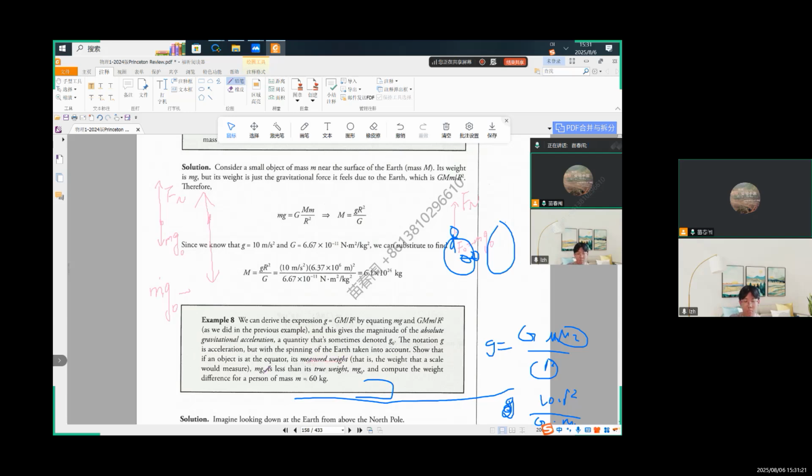At the equator, the weight that a scale would measure is mg, which is less. So this one is mg. Does that make sense? So mg0 minus mg.